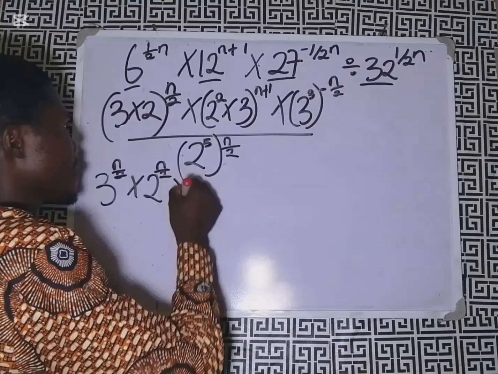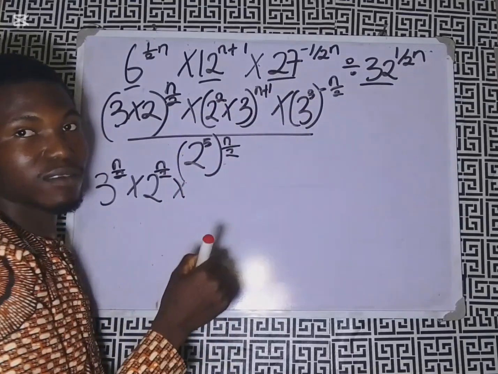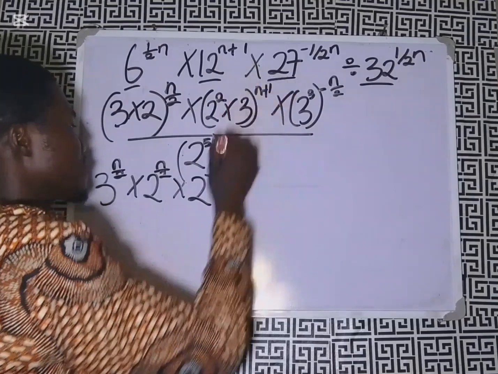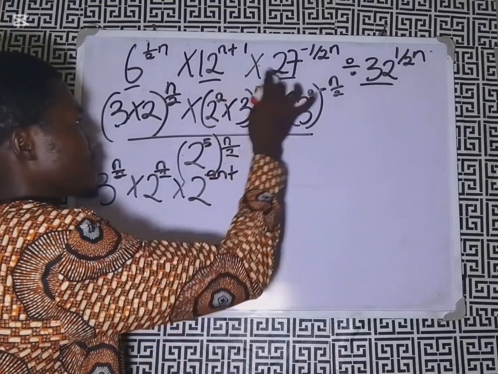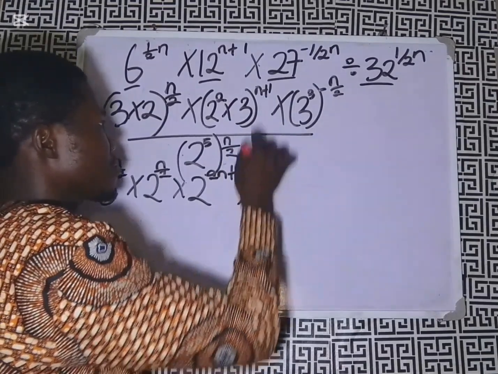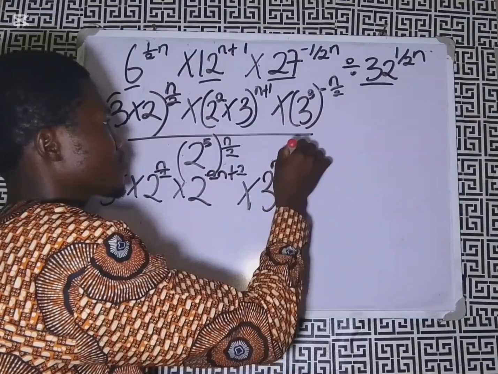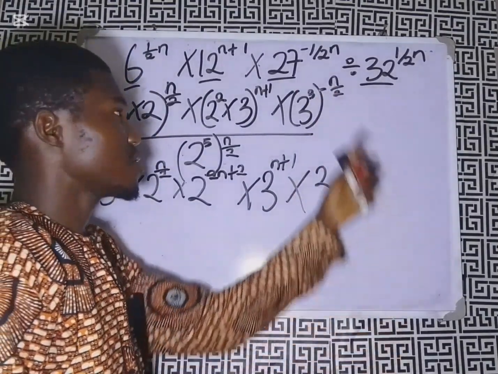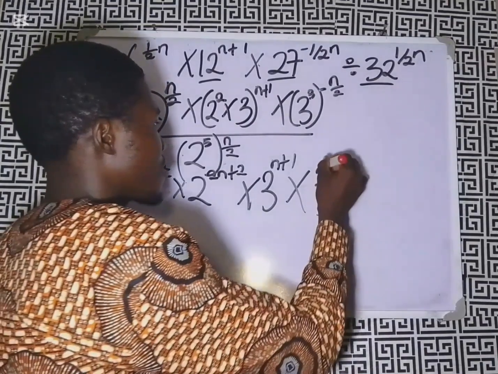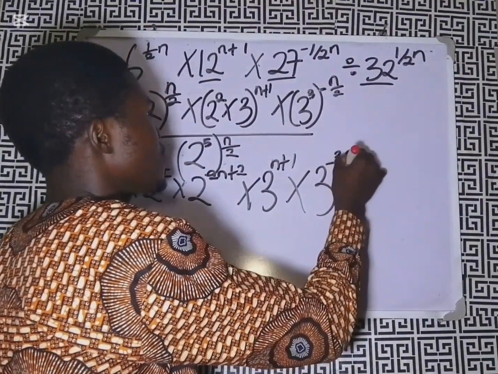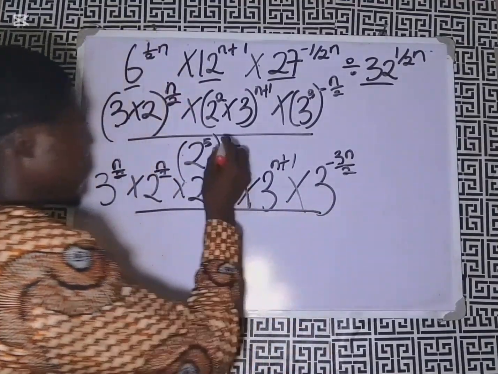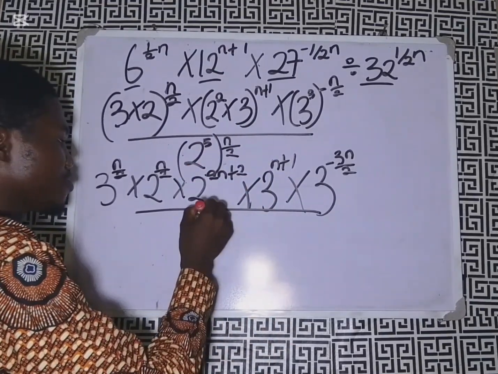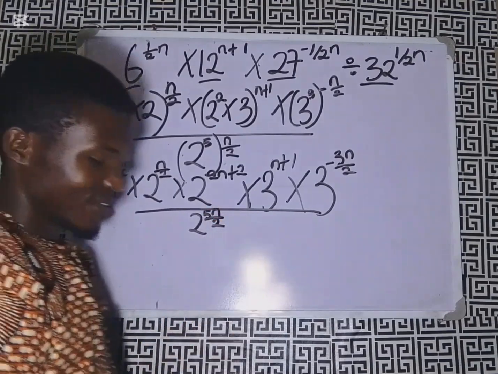The next one, multiplied by, you open the bracket outside: we have 2 raised to power 2 times n will give us 2n, plus 2 times 1 is 2, multiplied by 3 raised to power n plus 1, then multiplied by 3 raised to power, 3 times n will give us 3n, so we'll have minus 3n over 2, then divided by 2 raised to power 5n over 2. This is the second step.